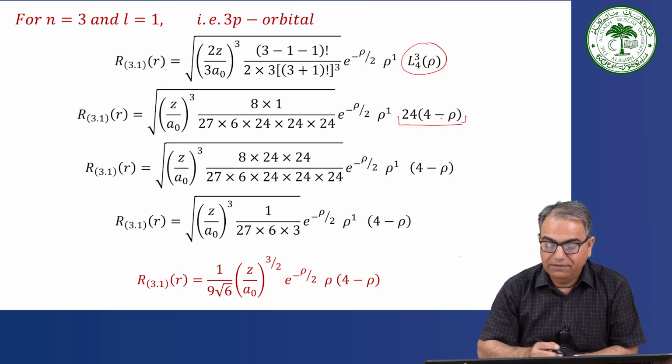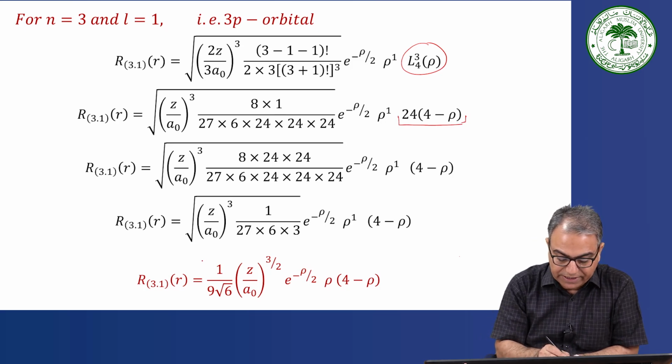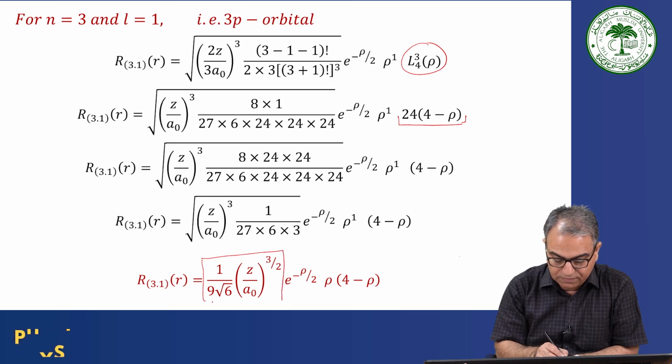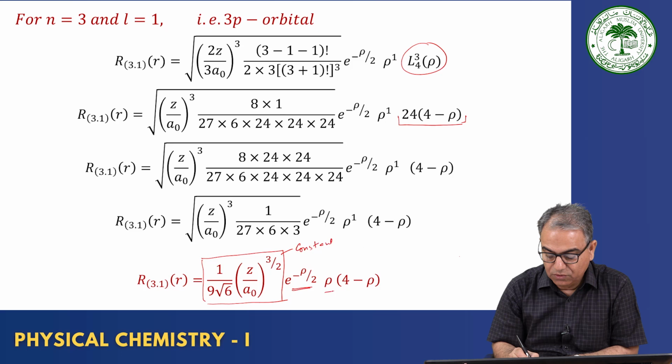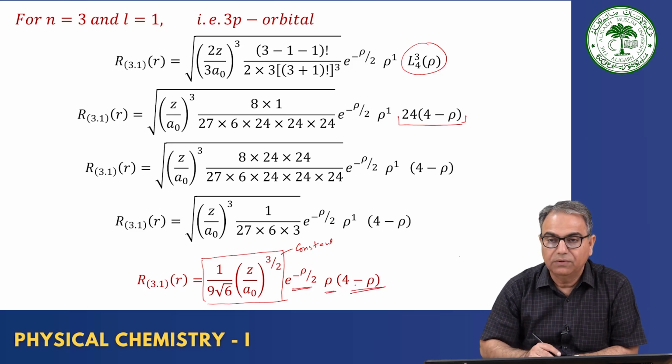If you bring 24 to this side as a constant, then finally you get again a constant value multiplied by exponential minus rho divided by 2, rho, 4 minus rho.